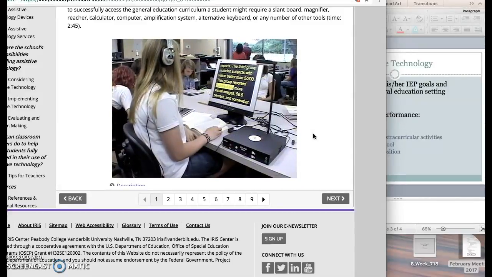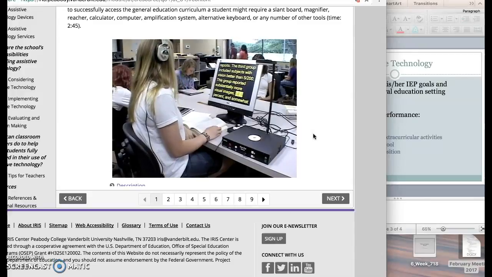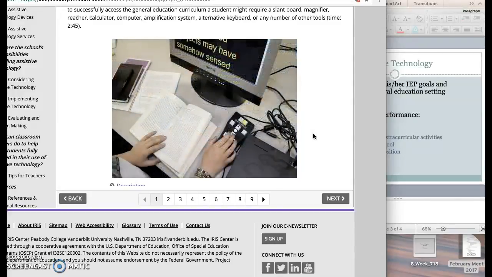This group reported substantially more visual images, 58.6%.